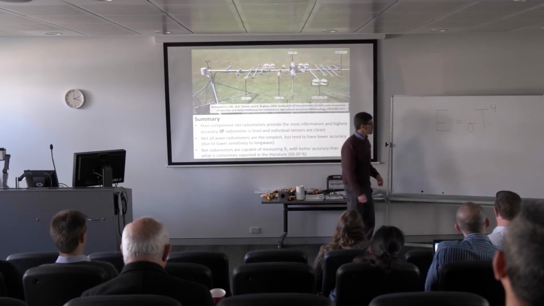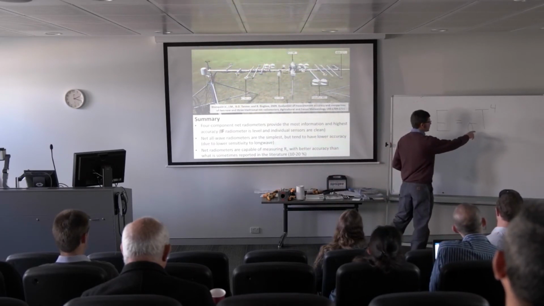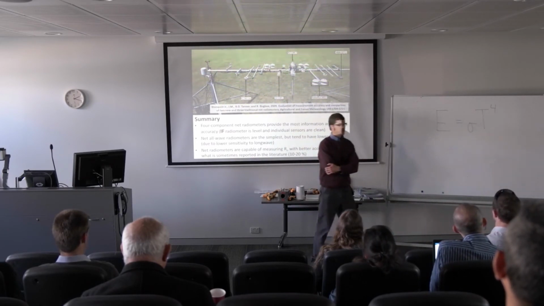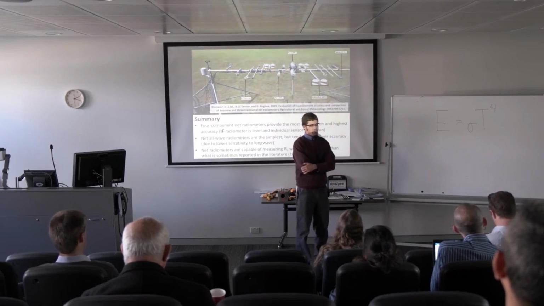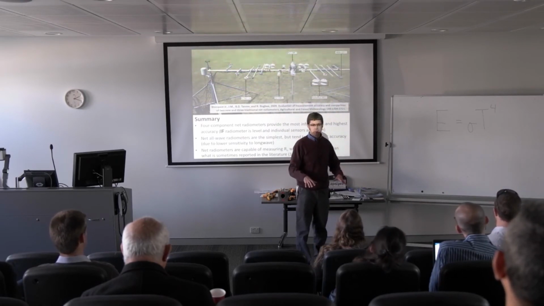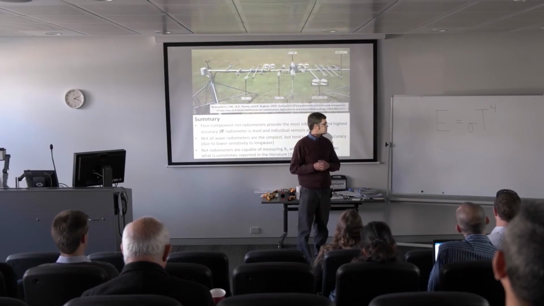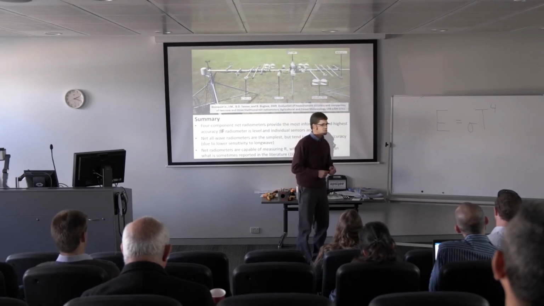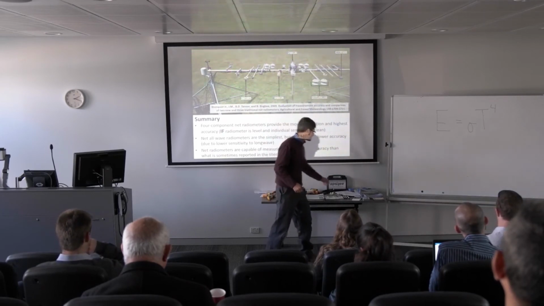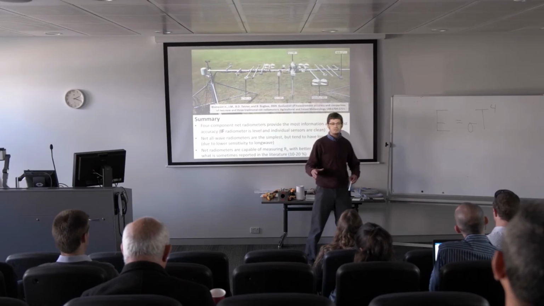So if we know reasonably well what the fourth power of temperature is for the surface, then we can estimate longwave relatively well, the component that's being emitted, because we know that most surfaces are black bodies. Most land surfaces are black bodies.